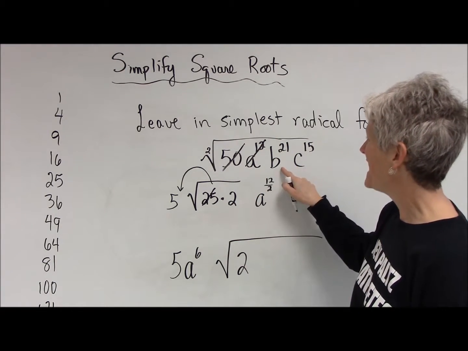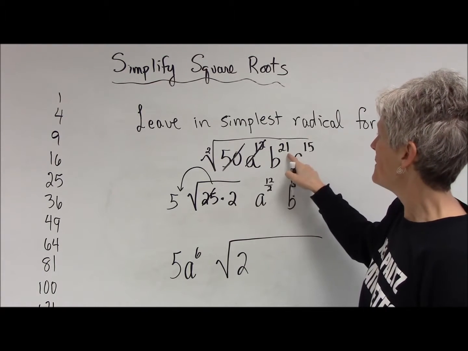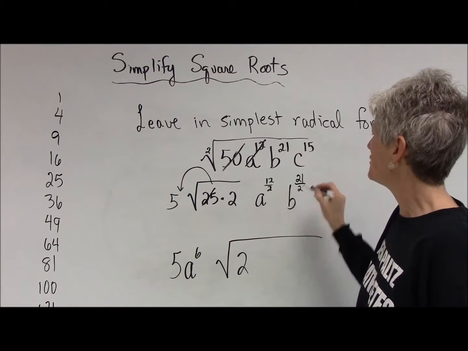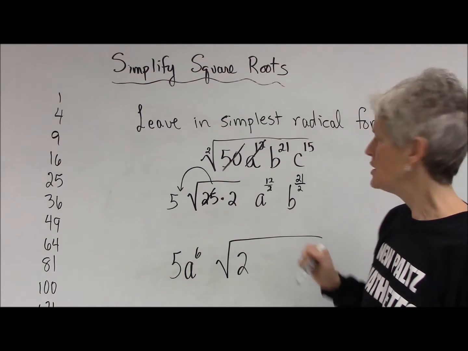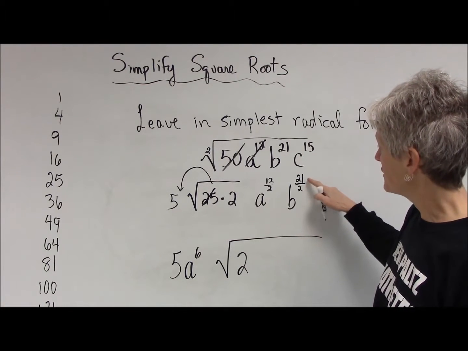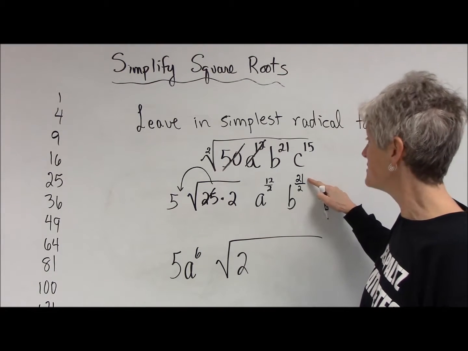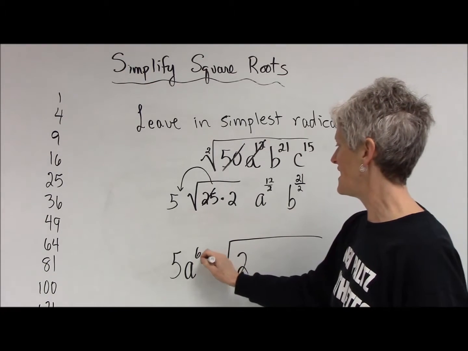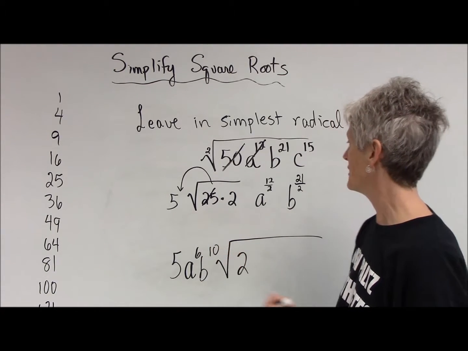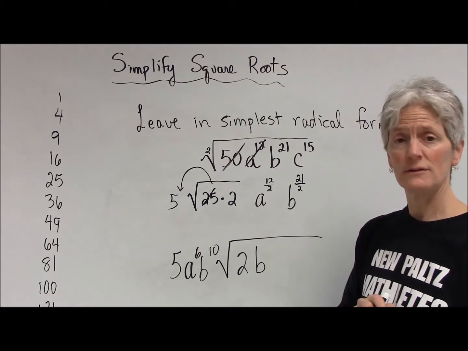Let's go to the b to the 21st. Well, if I'm rewriting this, b to the 21st divided by 2, that's not going to come out nicely. But let's see, 2 goes into 21 how many times? 10 times. Is that correct? So I think I can take out b to the 10th. And I have 1 b left over.